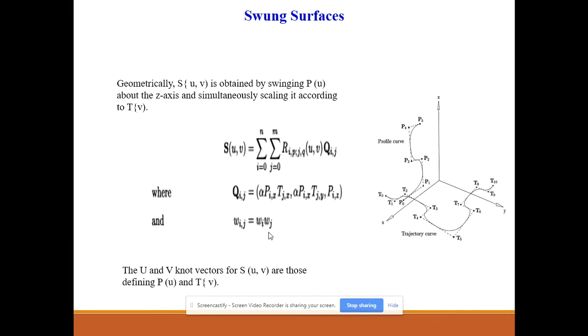S of u, v is equal to the summation over i from 0 to n and j from 0 to m of R i j p, q of u, v times K i j, where K i j is equal to alpha times Pi x times Tj x, comma, alpha times Pi x times Tj y, comma, Pi z, where w i j is given by wi times wj, the weights. The u and v knot vectors for S of u, v are those defining the profile curve and the trajectory curve.